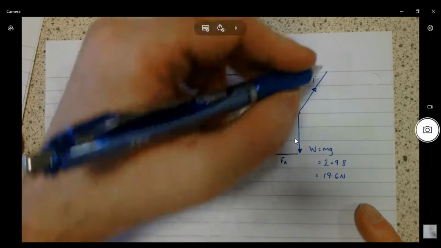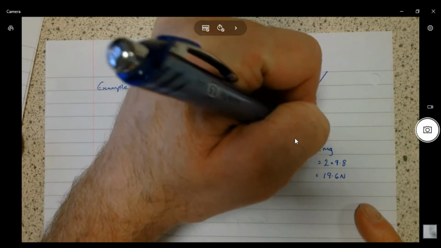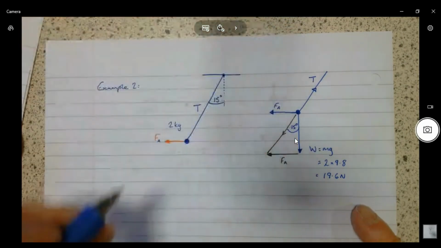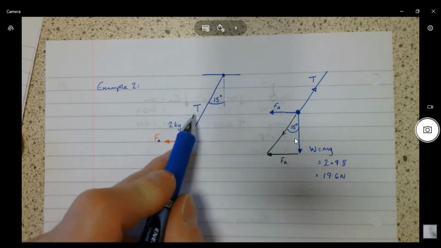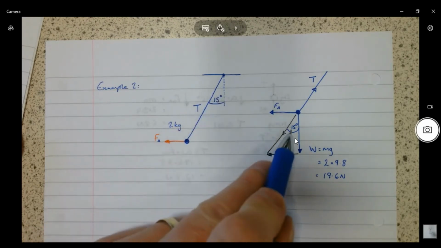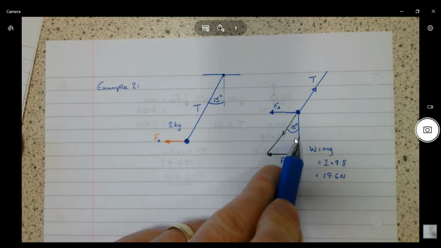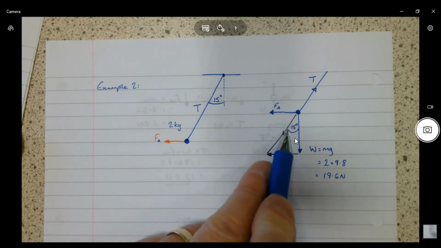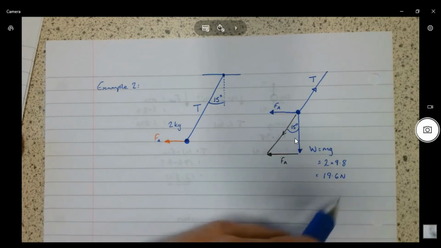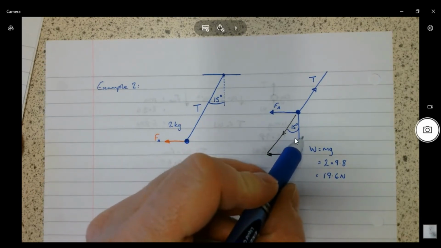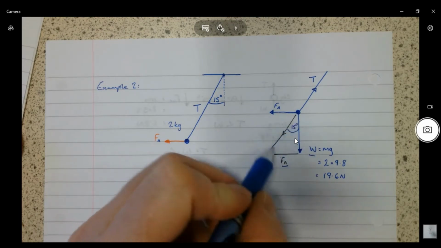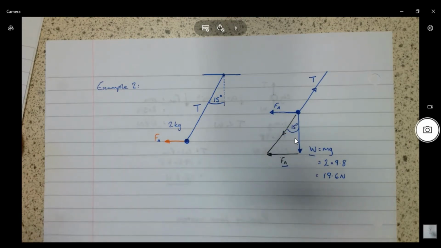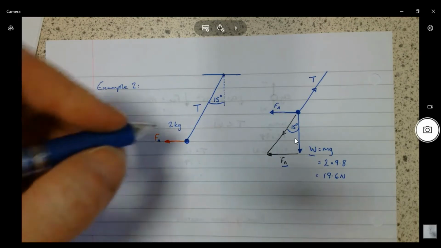We also know this angle is 15 degrees, because that's 15 degrees with the vertical, then this is the vertical, which is gravity, so this is the weight, and so it will make a similar 15 degree angle in here. So if I know this weight, I need to find FA. I can use trigonometry. I'm going to use tan.